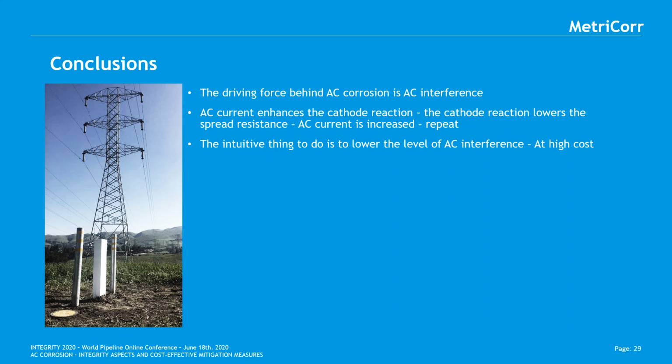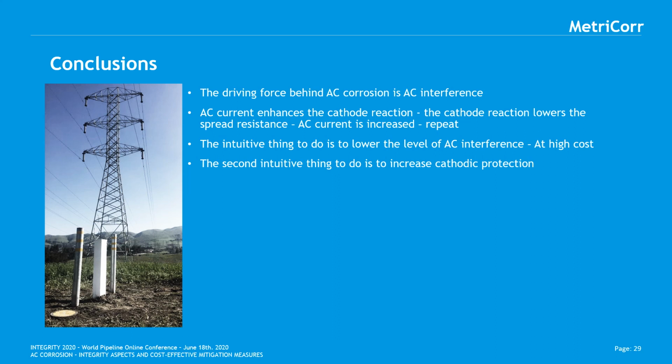The intuitive thing to do when experiencing AC interference is to try to bring down that level of AC. This comes at a high cost. The second intuitive thing to do is to increase cathodic protection, because a threat to pipeline integrity should require more protection, right?